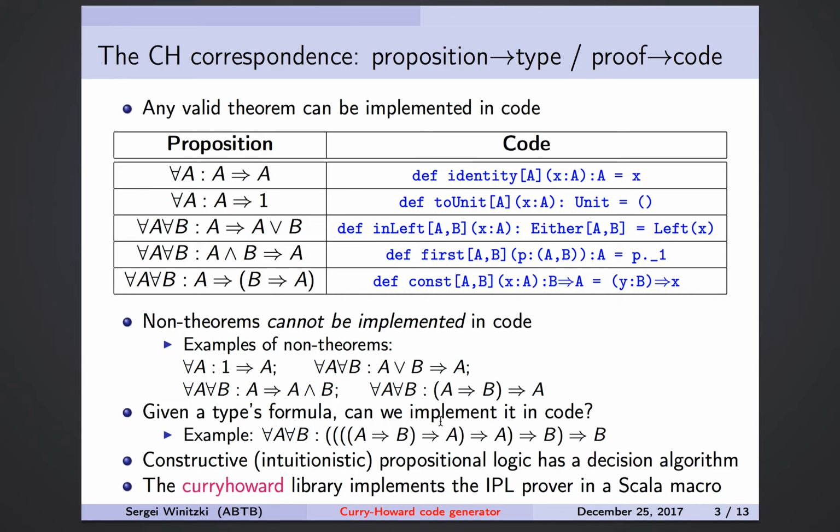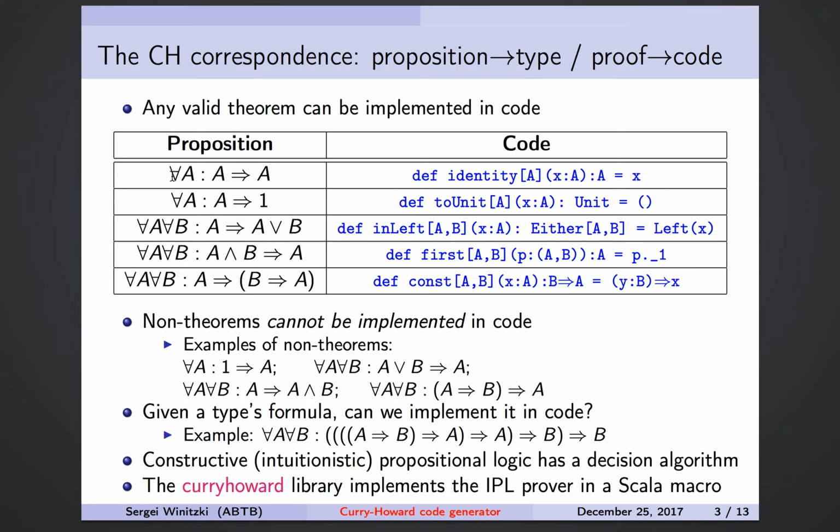So another important side of the Curry-Howard correspondence is that some propositions are valid theorems, that is, they're true. Here are some examples of valid theorems, and corresponding to them there are function types that can be implemented in code.